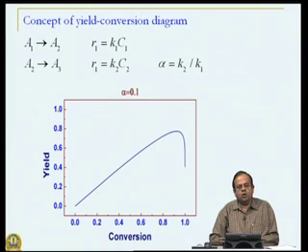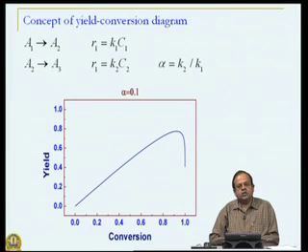If you recall my first session, we are more and more concerned about not making undesirable product. So, it means that we are more and more worried about selectively making the product or enhancing the selectivity rather than the conversion.